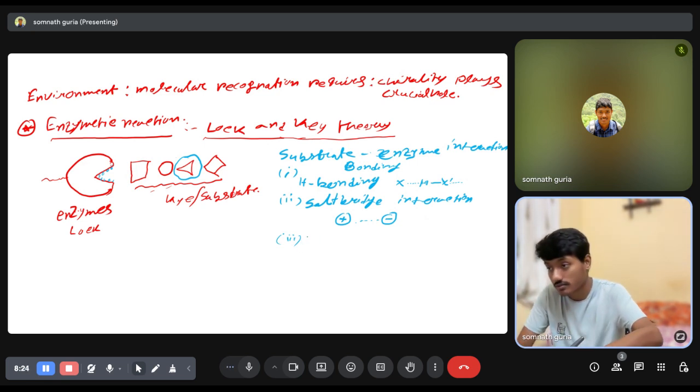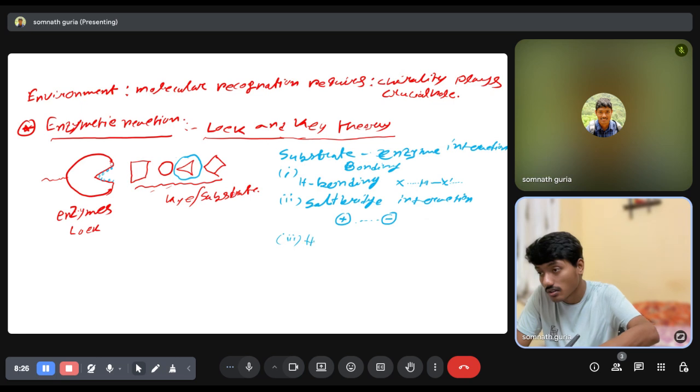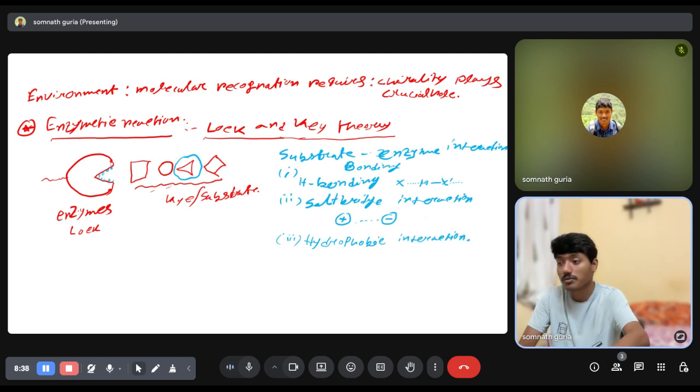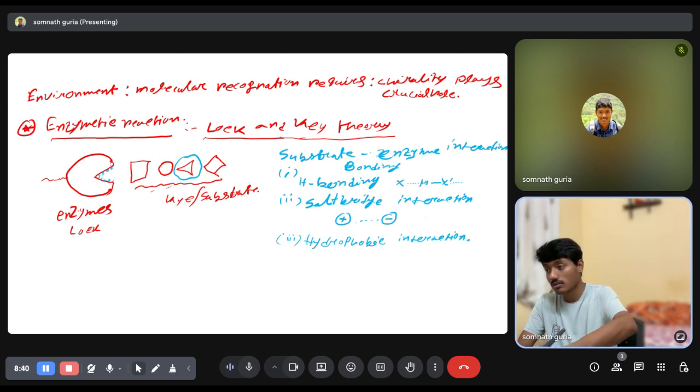Now, the third point is hydrophobic interaction. How does this hydrophobic interaction happen? Let's suppose I'm writing over here. We have some enzymes over here.